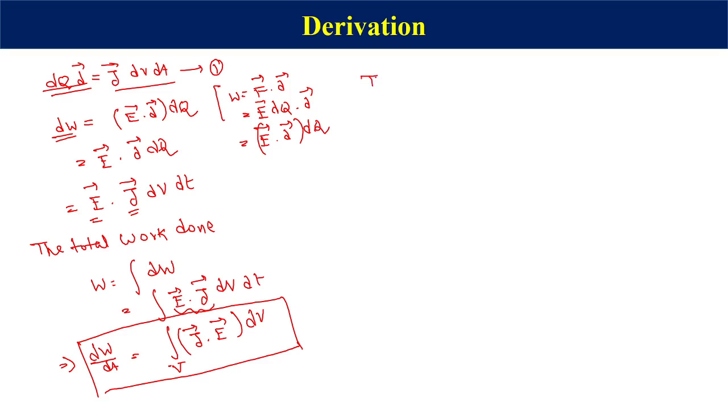So this work done, meaning the work done by the electric field, is negative of the change in magnetic energy.